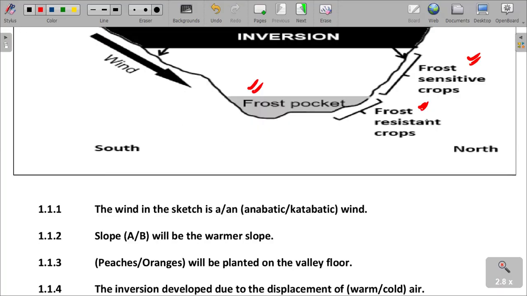So what we are asked here is that the wind in the sketch is a dash type of wind. There are quite a lot of, I mean, we need to know types of winds. I'm sure you remember that we said that there are conditions that cause air movement or wind moving from high pressure to low pressure, and also the issues of pressure being caused by variation of temperatures between the land and the sea, creating what we call land and sea breezes.